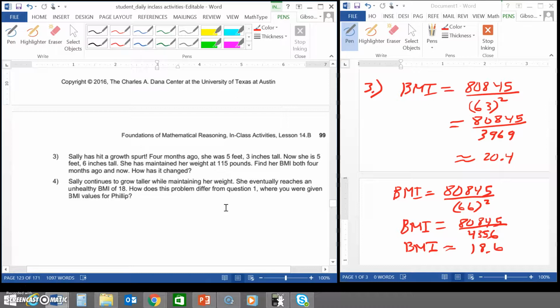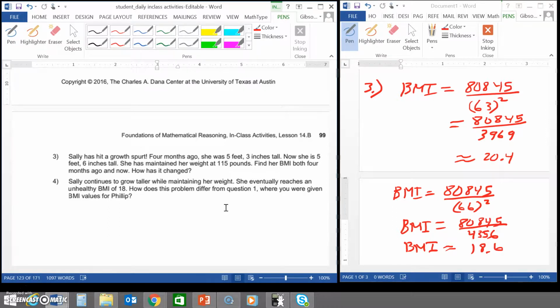Okay, first of all, none of Philip's BMI values were less than the unhealthy weight, and that's under 18.5. Okay, that's number 1. Number 2, we actually had everything. We had the weight and we had the height before we solved for the BMI.